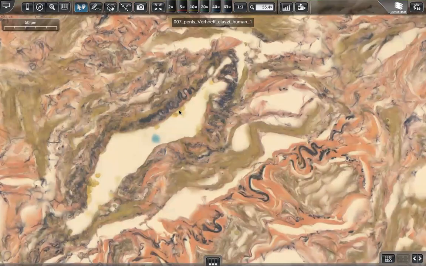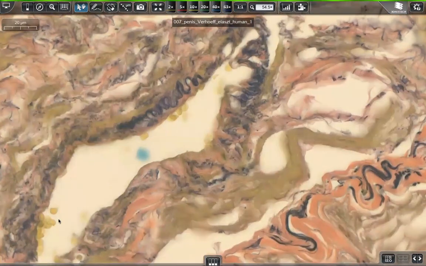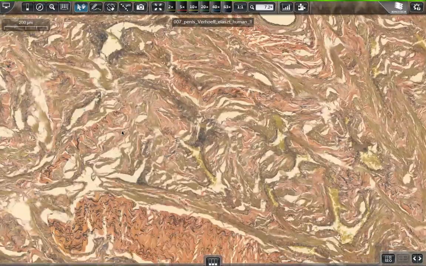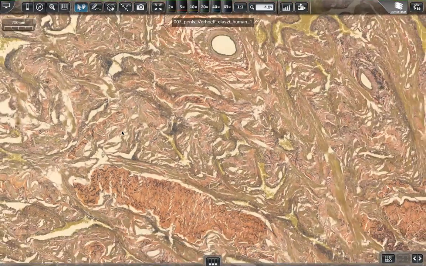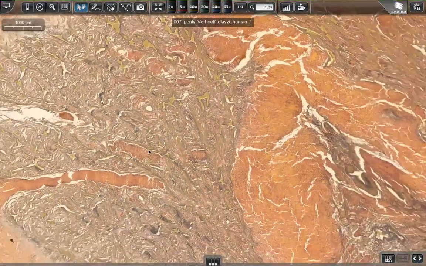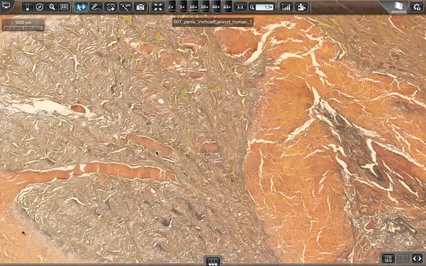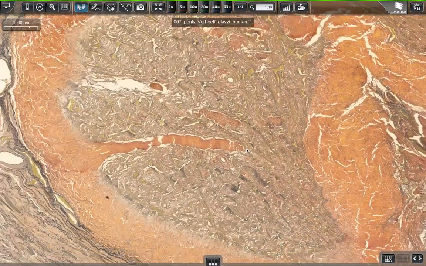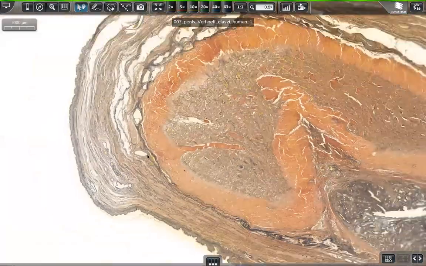Red blood cells are also present. So vascular sinuses are in the corpora cavernosa. And these are connective tissue septa, from the tunica albuginea, dividing the corpora cavernosa.